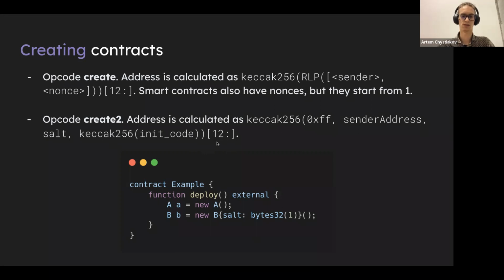And also you are taking the last 20 bytes of the hash to get the address. This is completely deterministic, because the creation relies only on the bytecode of the contract you're deploying, the salt, and the sender address.